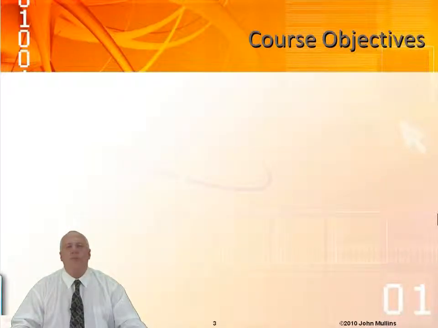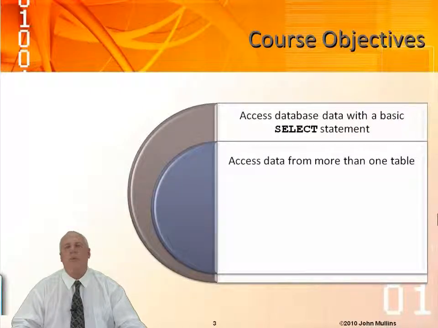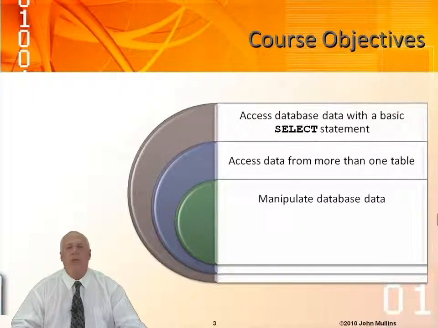Now, as far as the objectives of the course, here are some things that you'll be learning and be able to take away from this course. When you're done with it, you'll be able to read data from a database using a basic select statement, but also much more than just a basic statement. In other words, you'll be able to access data not only from one table, but from multiple tables also.